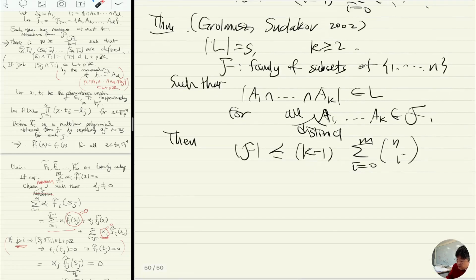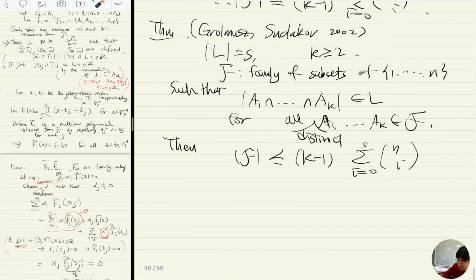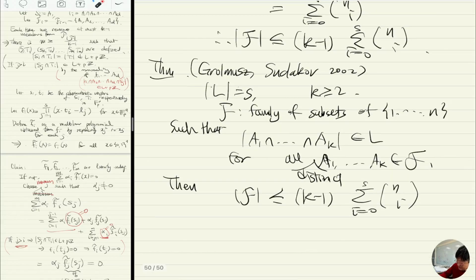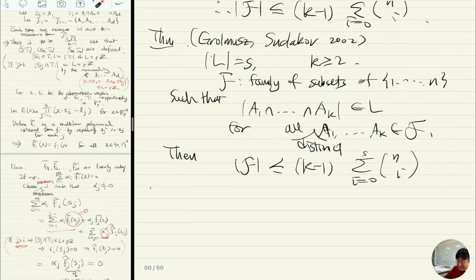Note that the previous theorem doesn't imply that, because we don't have a condition about the cardinality of A_i, right? If we add a condition that the cardinality of A_i is not in L, then we could probably use the previous theorem, because we can choose the prime p to be very large, some prime bigger than n. But now we don't have that condition, so it's slightly different, but the proof technique is the same.